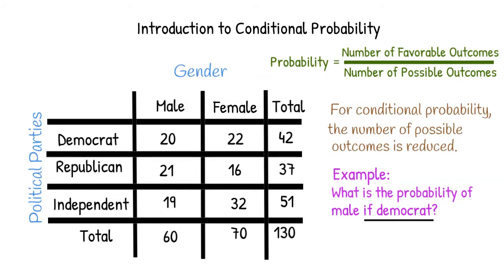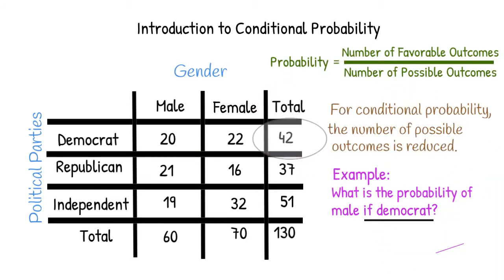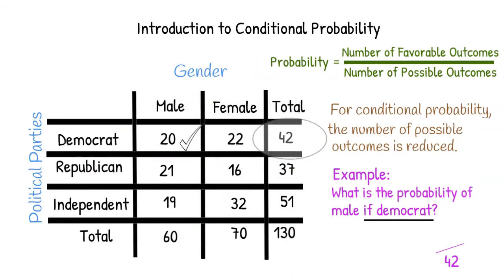The number of possible outcomes becomes 42, since that is the number of Democrats. That means that the denominator for this probability is 42. Of these 42 people, 20 are male, so the probability of picking a male, given that the person selected is a Democrat, is 20 out of 42.